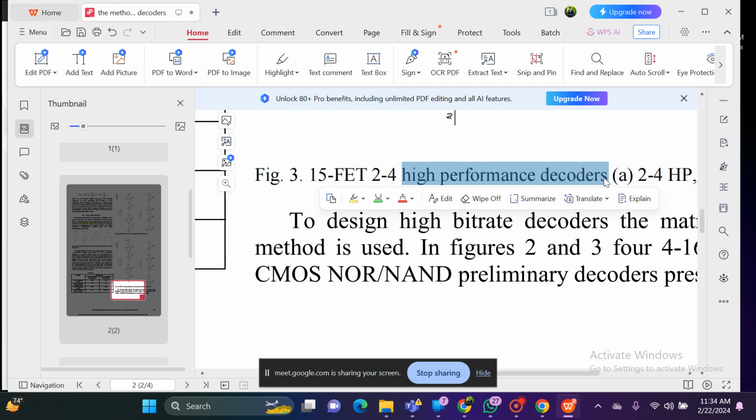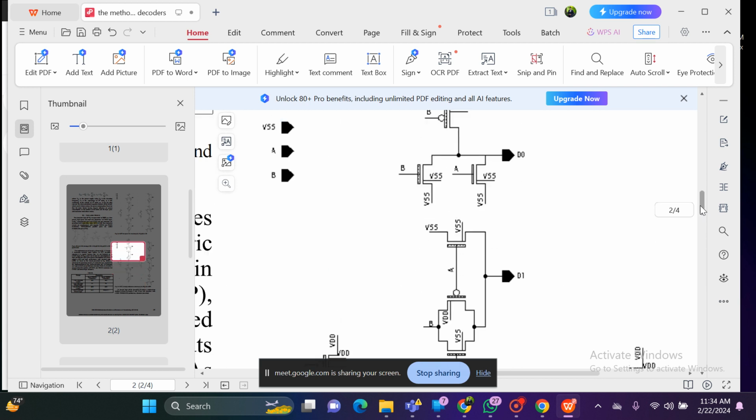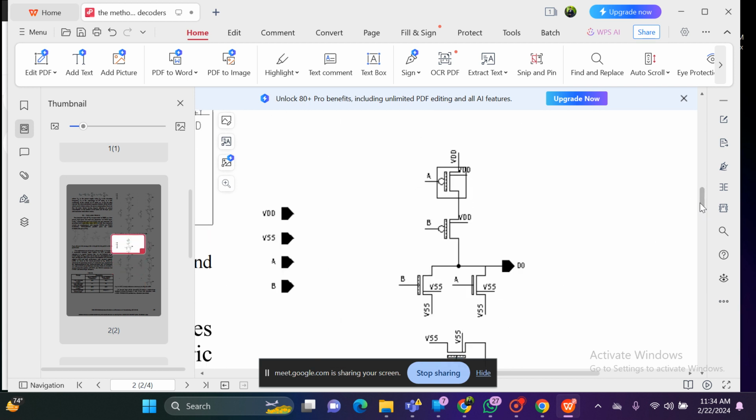Now one transistor we have used extra, it means the area is somewhat increased, but we are getting high performance here. That is the pros and cons. That is an advantage. One extra transistor I am taking.